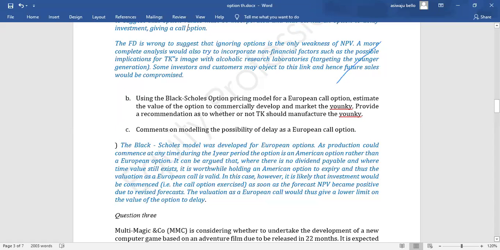It can be argued that where there are no dividend payments and where time value still exists, it is worthwhile holding an American option to expiry.